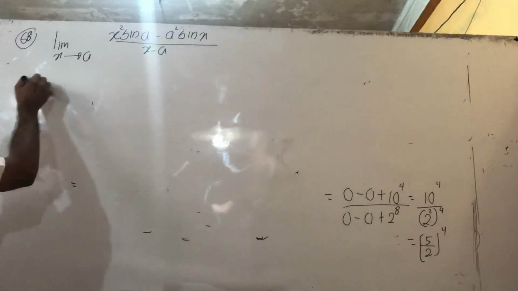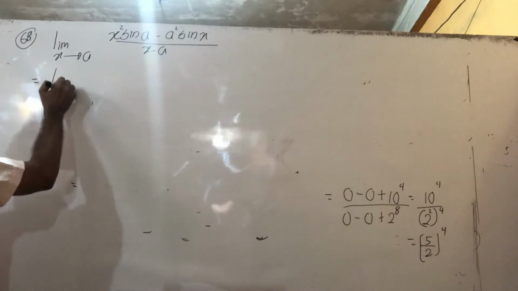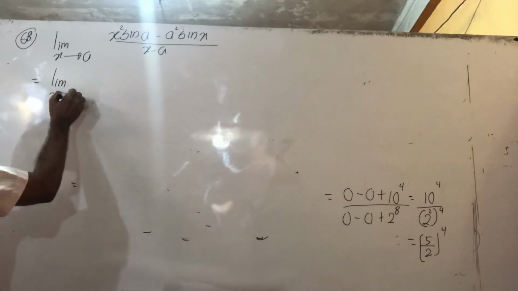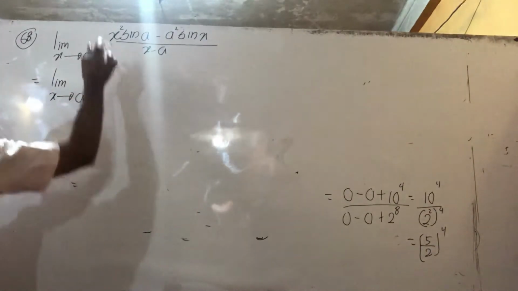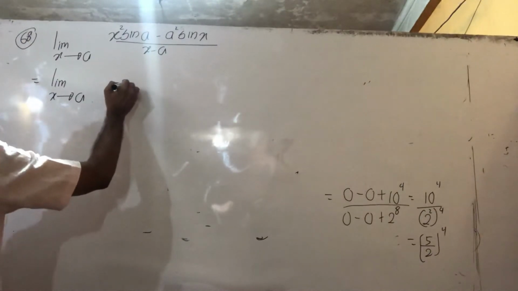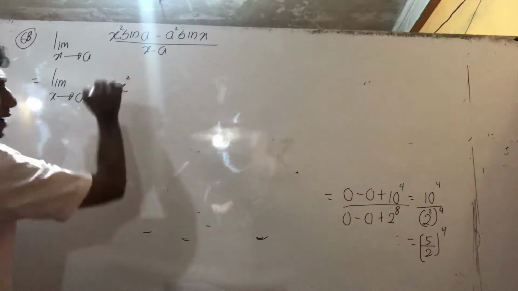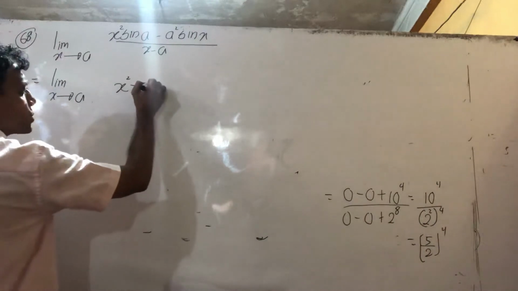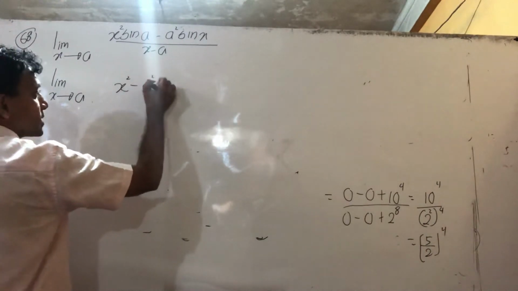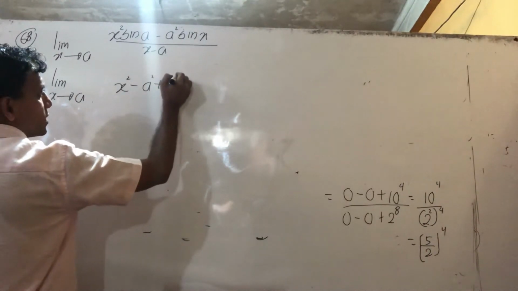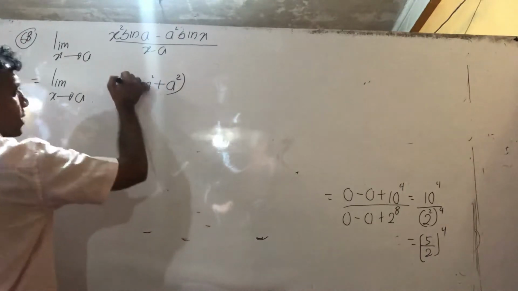So the method: limit as x approaches a. This is x squared sine a, and can I write minus a squared plus a squared? See the trick of this problem, how to break the first part.